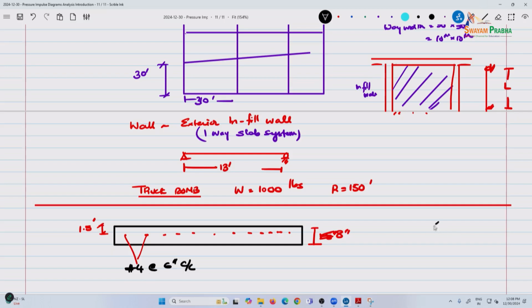A number 4 is nothing but a 4 by 8 inch, or a half inch bar. Here we call it 12 mm. So it's a 12 mm bar at 6 inches, or 15 centimeters, center to center. So this is 12 mm at 150 mm center to center.